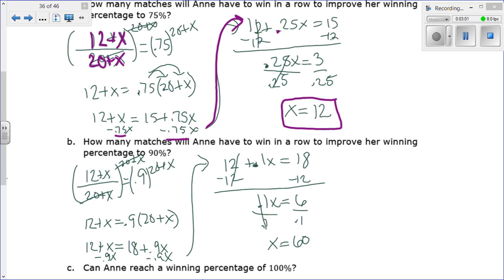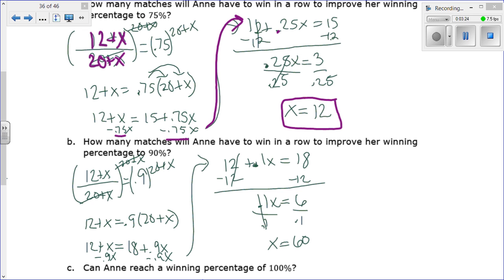On the left-hand side, it cancels out, so I have 12 plus x. And then I have 0.9 times 20 plus x. I distribute my 0.9, so I have 12 plus x equals 18 plus 0.9x. Then I subtract the 0.9x from both sides, and I will get 12 plus 0.1x equals 18.